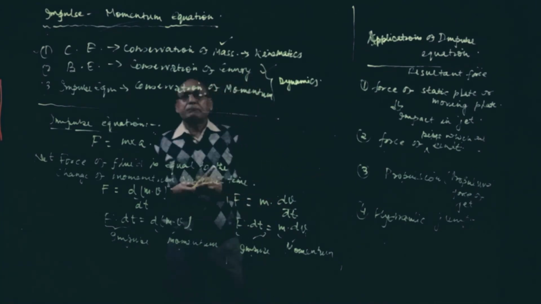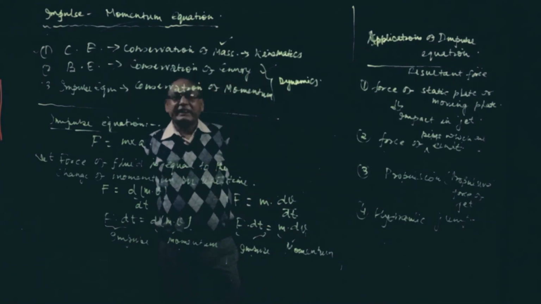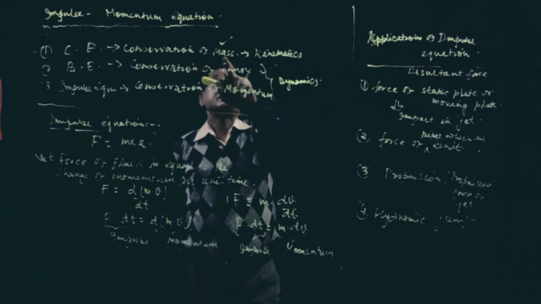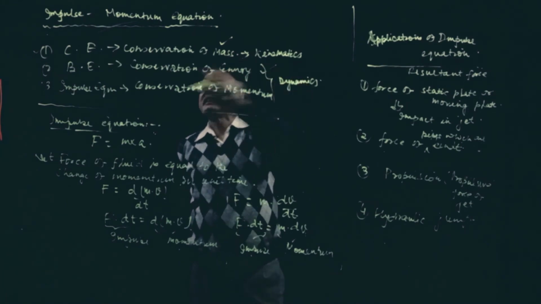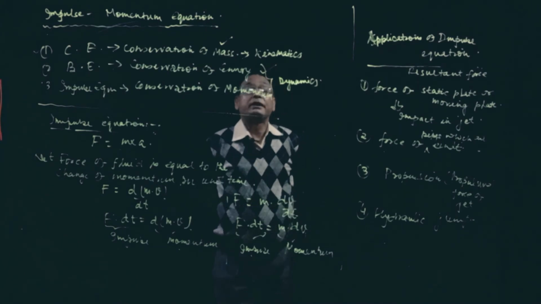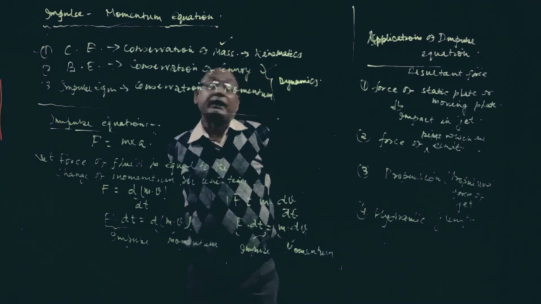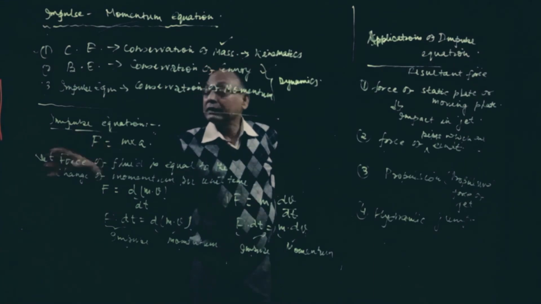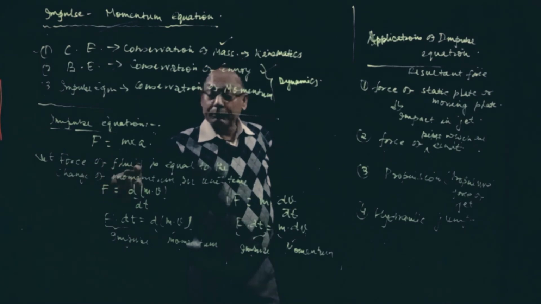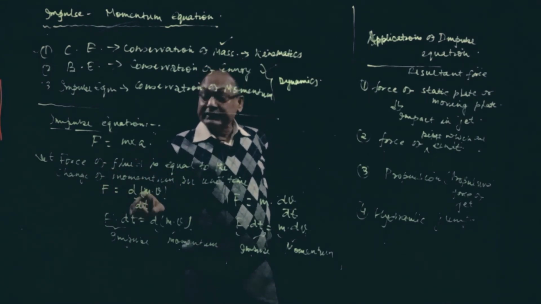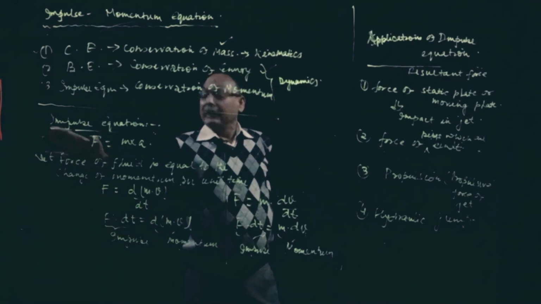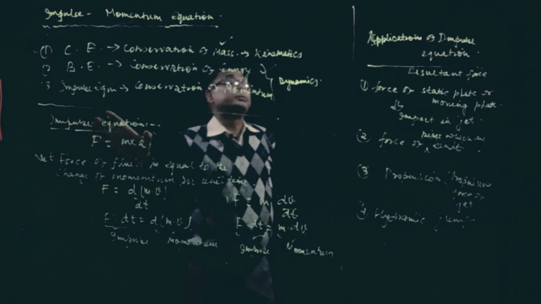Let us sum up what we have studied in this session. There were three important equations in fluid mechanics. One was the continuity equation based on mass, which we discussed in fluid kinematics. Then the Bernoulli equation, conservation of energy, which we discussed in fluid dynamics. And today we discussed the impulse equation. It says that the net force of the fluid is equal to the change of momentum per unit time, d(mv) by dt. So F dt is impulse and this is momentum, so it is called the impulse momentum equation.